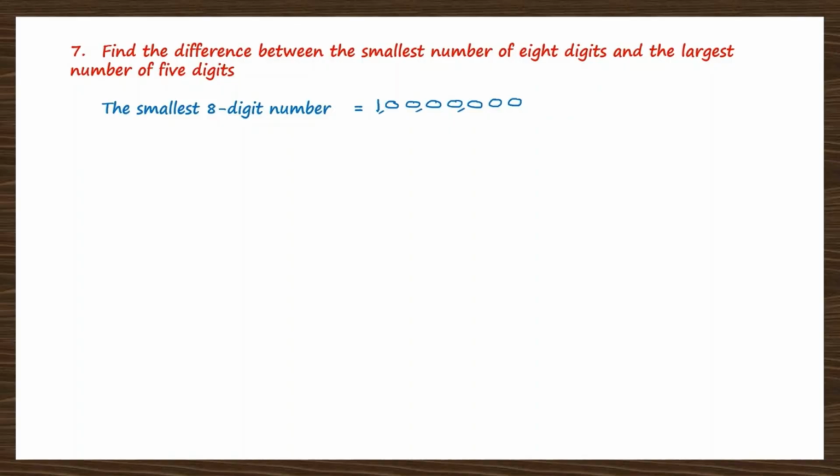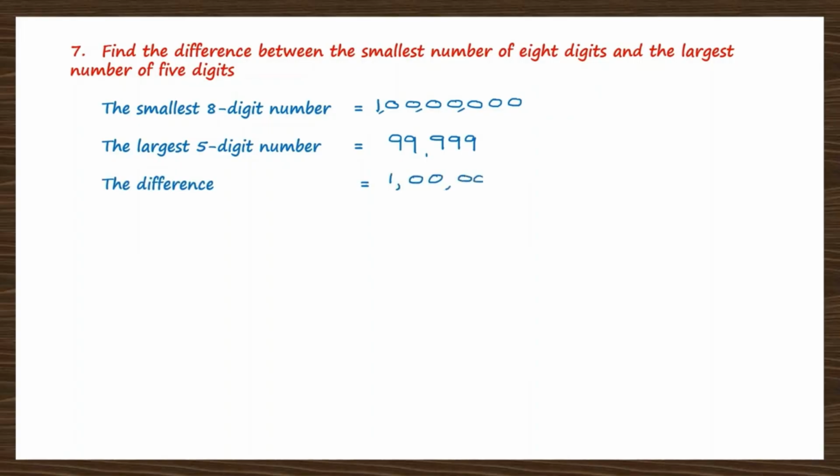Now we have to write the largest 5-digit number, which will have 5 nines, 99,999. Now to find the difference, we have to subtract the two, that is 1 crore minus 99,999.